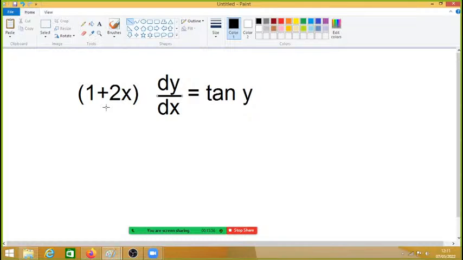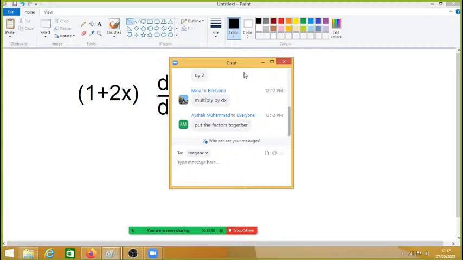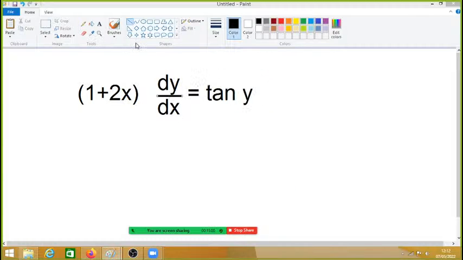How did we start this off? Put the factors together, multiply by dx, good, and all of that is called separation of variables, getting all the variables onto one side with the same letter.